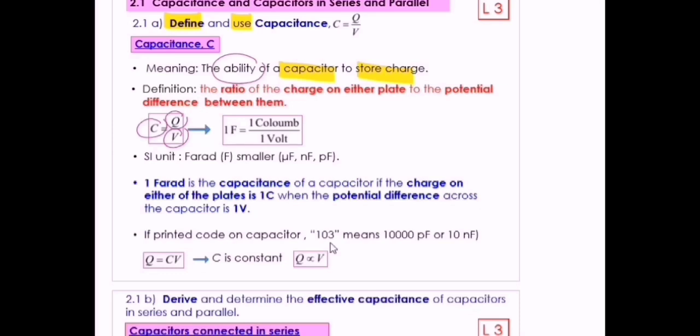So the unit for capacitance is farad. If you have a very small capacitance, we can also use microfarad, nanofarad or picofarad. Those are for small values.